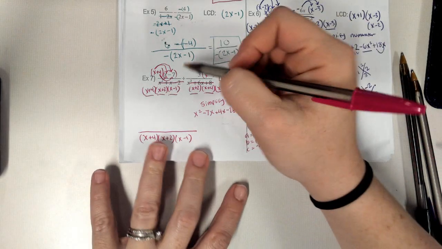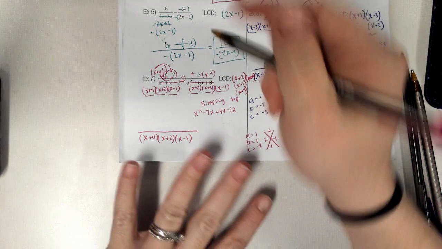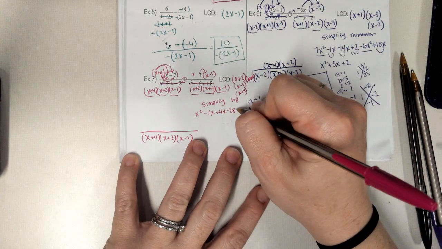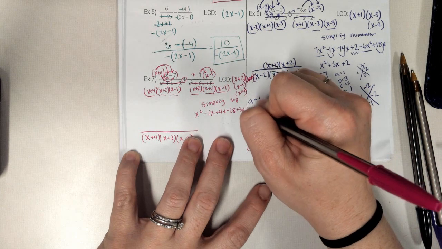Now the nice thing is this is positive, so I don't have to worry about distributing a negative. 3 times x is positive 3x. 3 times negative 1 is negative 3. Squeezing that in there.